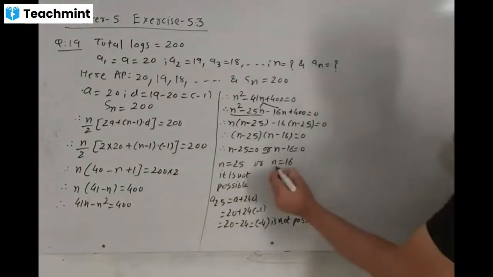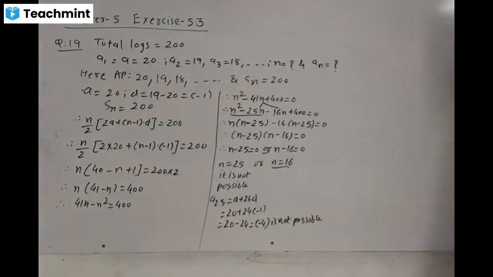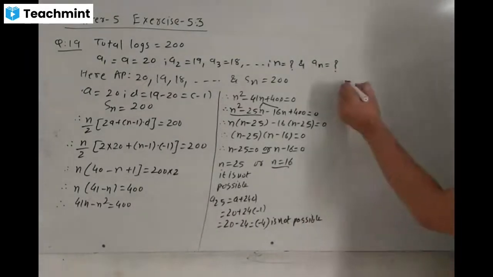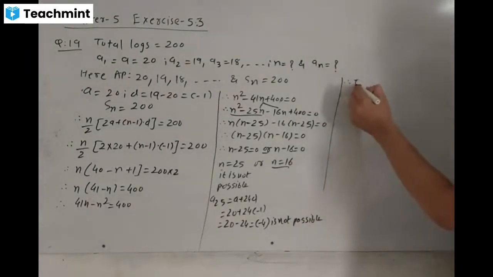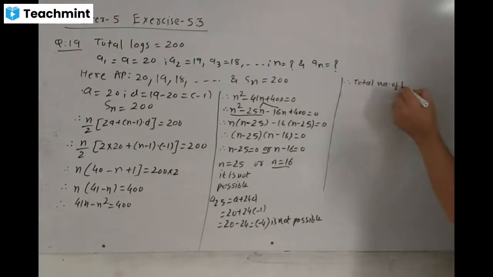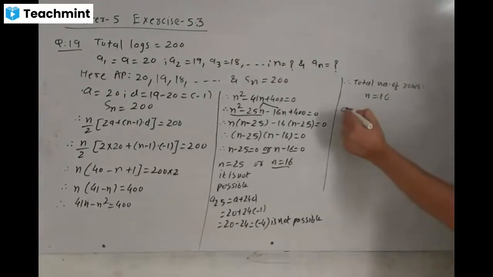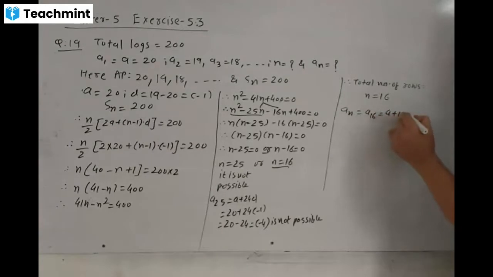So therefore the total number of rows, that is n, is equal to 16. Okay, and find the 16th term. an is equal to a16, that is a plus 15d.